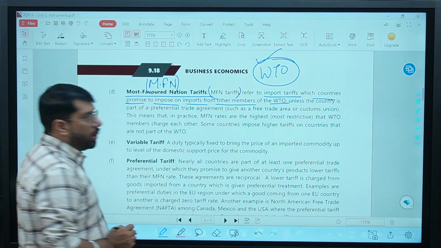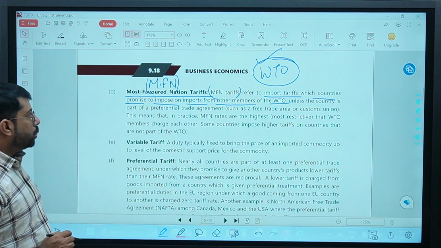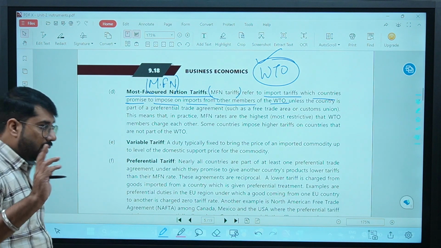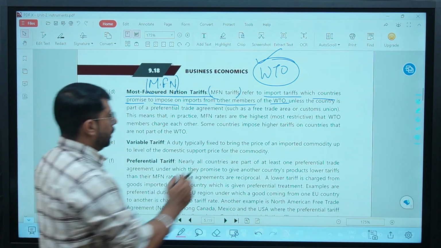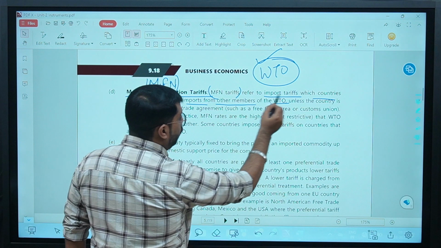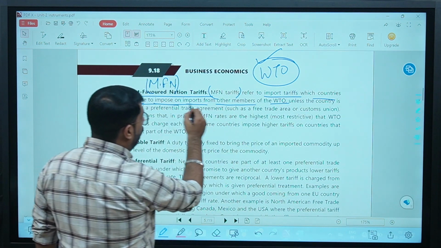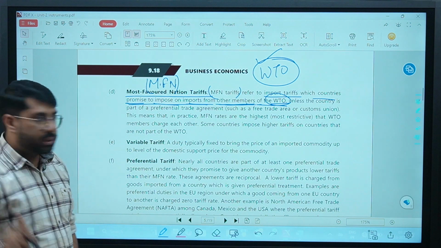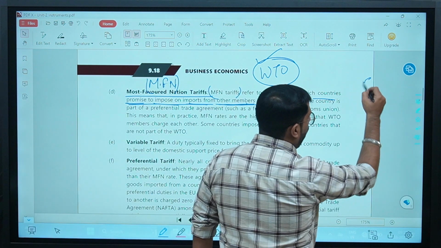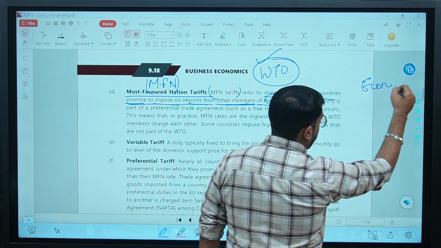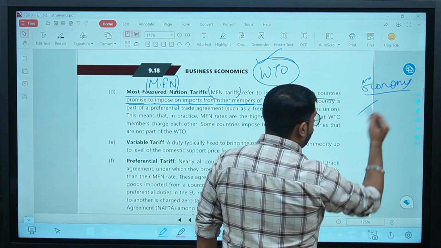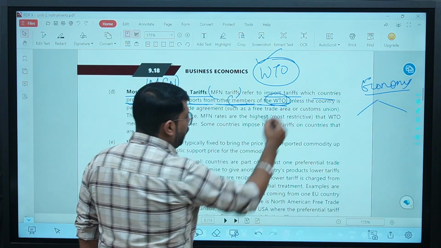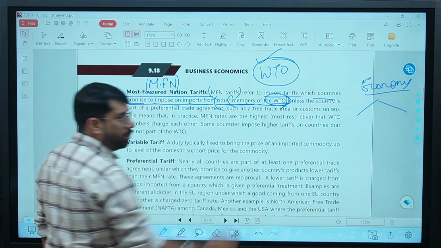So it refers to import tariffs which countries promise to impose on imports from other members of the WTO. There are two things. Read the point. It says MFN tariffs refer to import tariffs which countries promise to impose on imports from other members of the WTO also. It is dividing the world economy into two parts: members of WTO and other members of WTO.